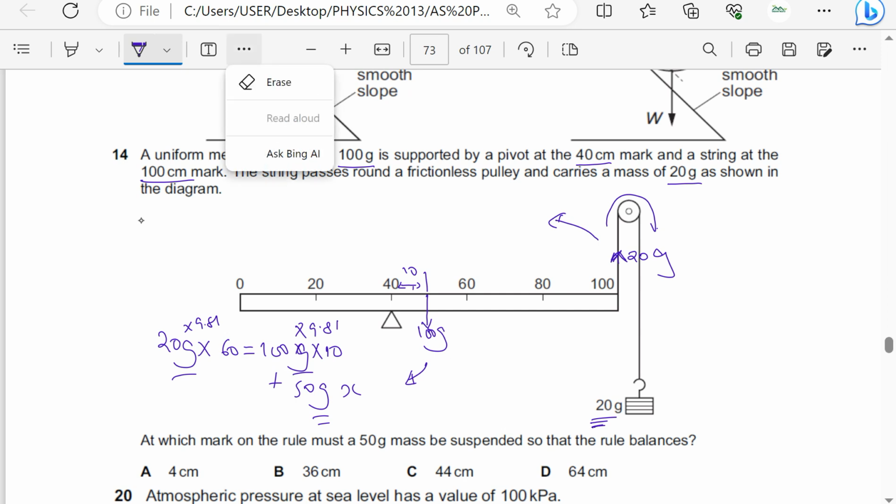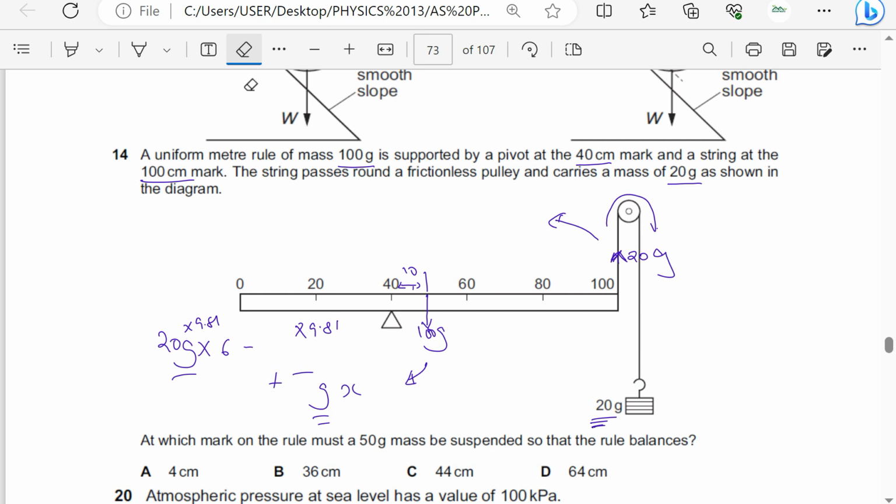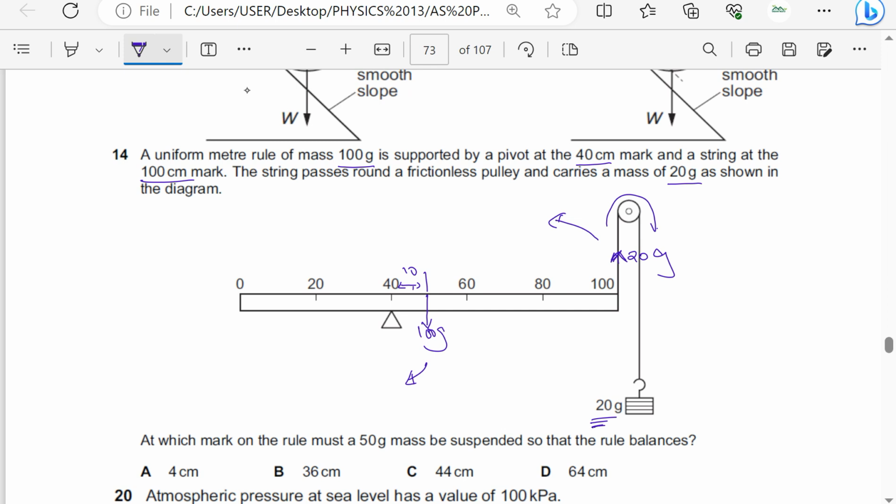Maybe let me just do this systematically. I don't want to change the distances because I want to save time. But because these are supposed to be forces, this is 0.1 kilograms, this is 0.02 kilograms, and 50 is supposed to be 0.05 kilograms.